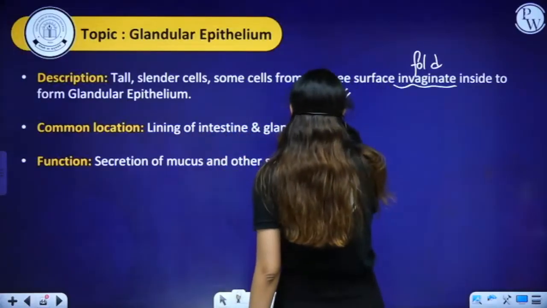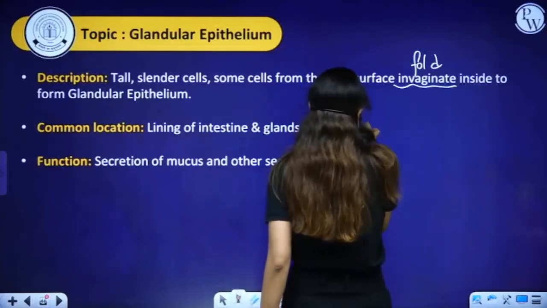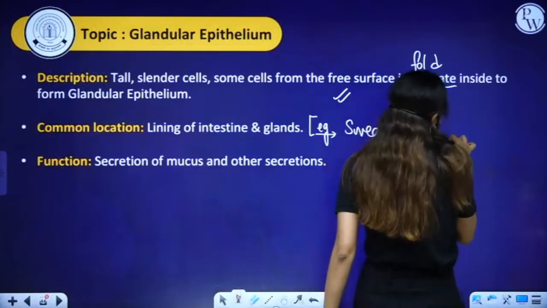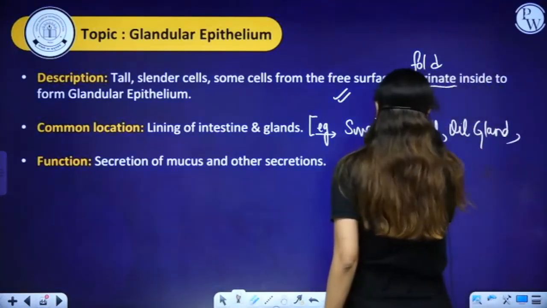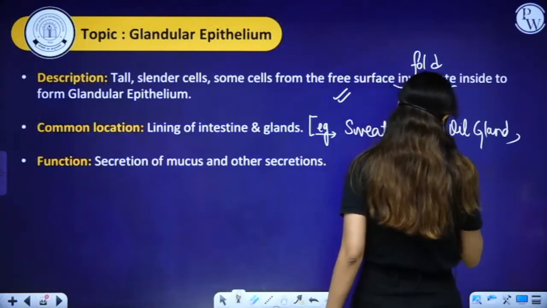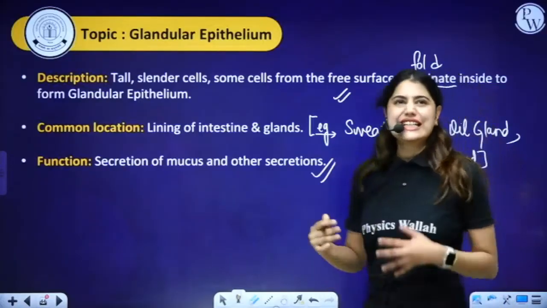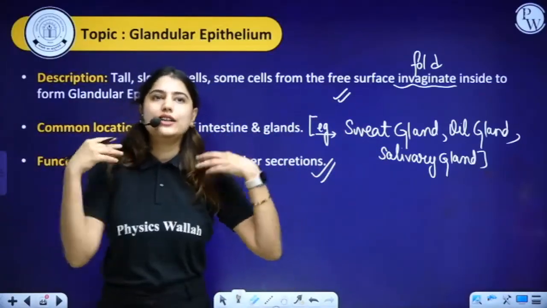Examples are the sweat gland, oil gland, and salivary gland, and the basic function is secretion. They secrete different types of substances, for example sweat, oil or saliva.